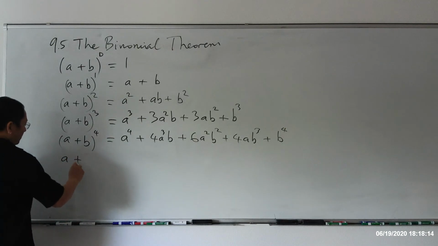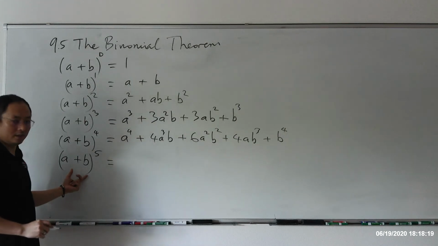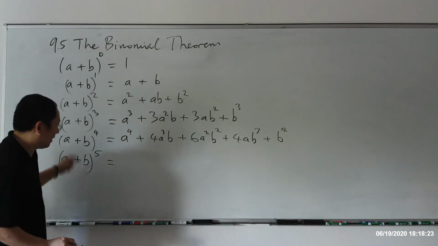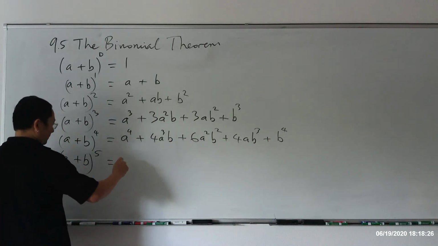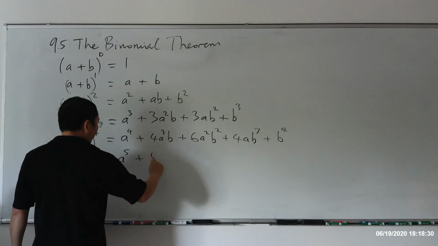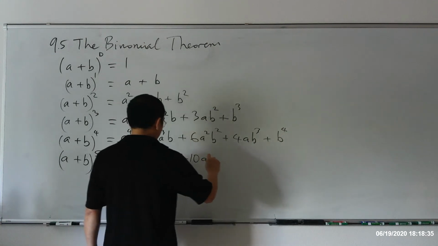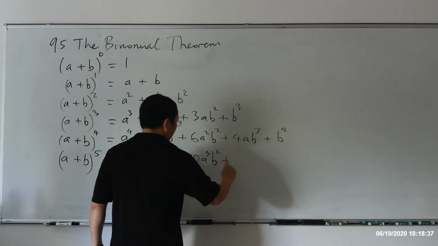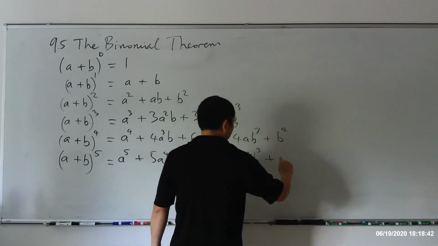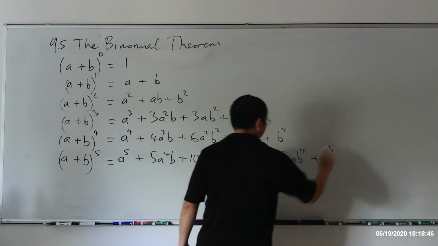How about a plus b to the 5th? How do I know this? Just multiply a plus b times a plus b times a plus b, like 5 times, and then I factor them all out. I got a to the 5th plus 5a to the 4th b plus 10a cubed b squared plus 10a squared b cubed plus 5ab to the 4th plus b to the 5th.